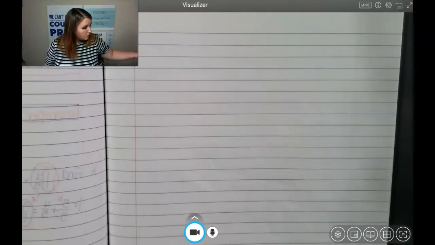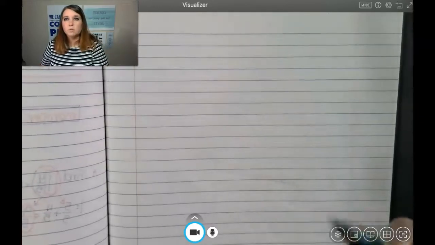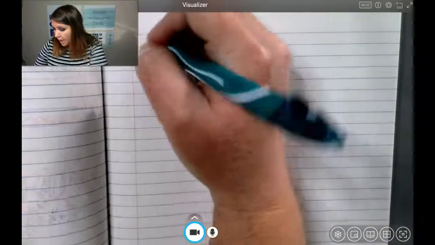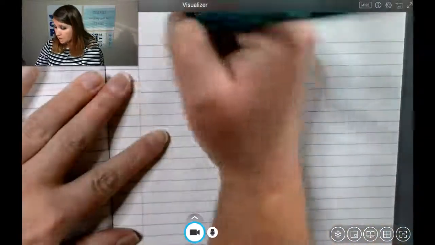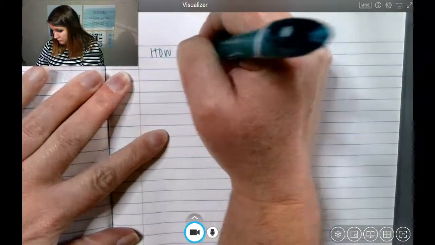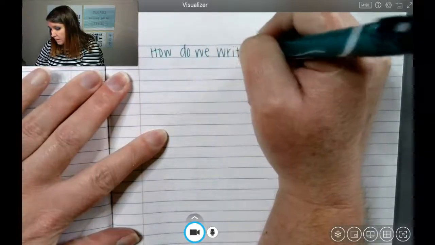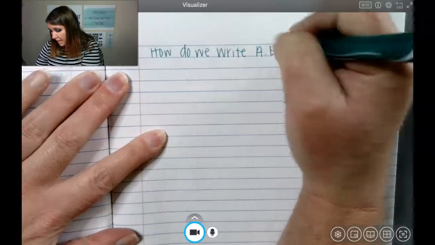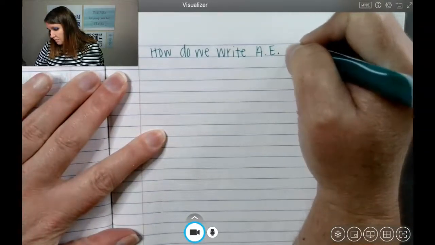Okay, so our first one is how do we write algebraic expressions when there's exponents? So how to write algebraic expressions with exponents. I'm going to abbreviate algebraic expressions with AE, just because it's a long word.